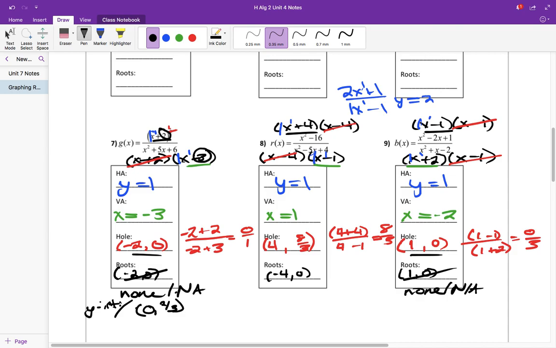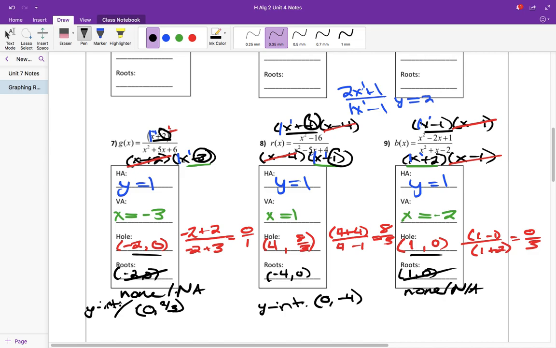For number 8, you've got a 4 over negative 1 left over. So your y-intercept there would be 0 comma negative 4, since you took 4 divided by negative 1 and got negative 4. Something else you can do, keep in mind y-intercepts have to have an x value of 0. So if you can't remember how to get the y-intercept just by looking at the equation, just put in 0 for x and that'll get you the same thing.